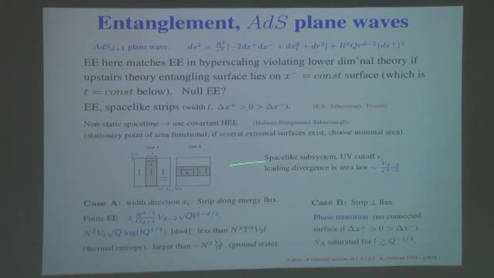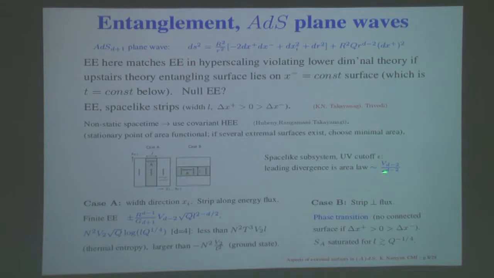So here's the kind of thing that happens. The strip, the flux direction is going up like that in this picture. You could consider strips that are along the flux. These are sort of natural from the point of view of the downstairs description. And let's say I take one of the width directions to be one of these xi's. The strip is along the flux. The leading divergence that you get in this case is always the area law.